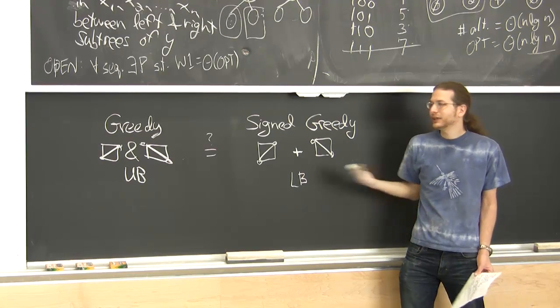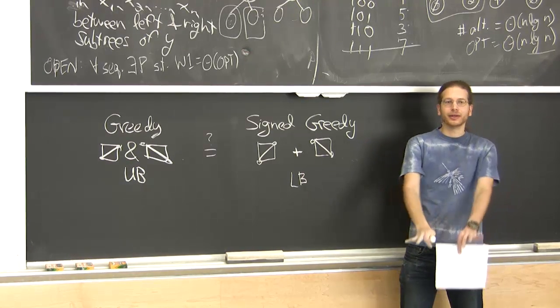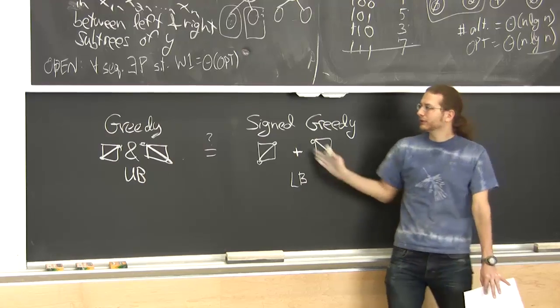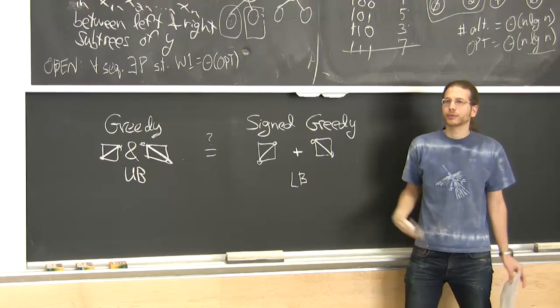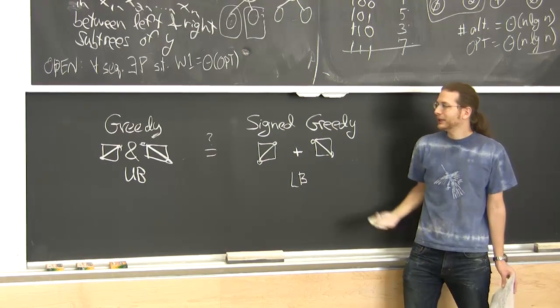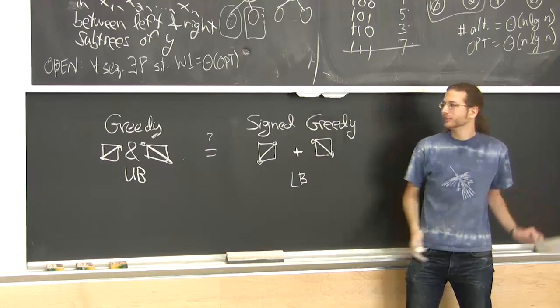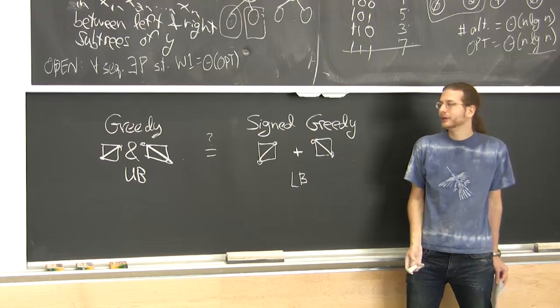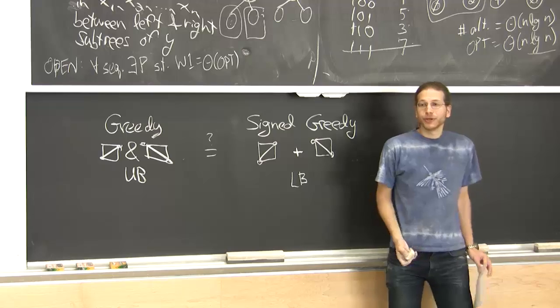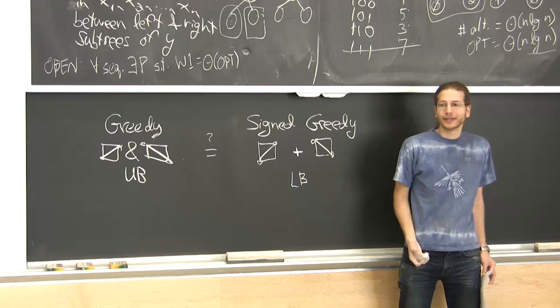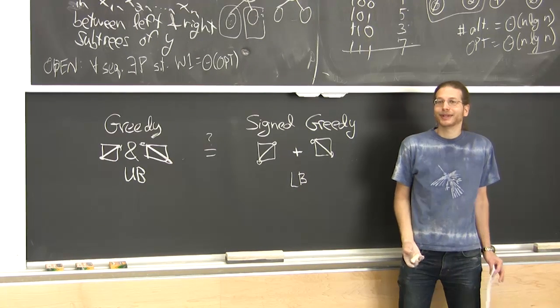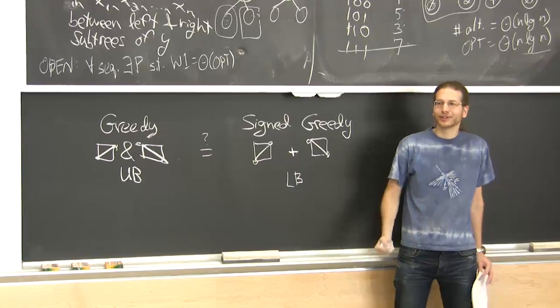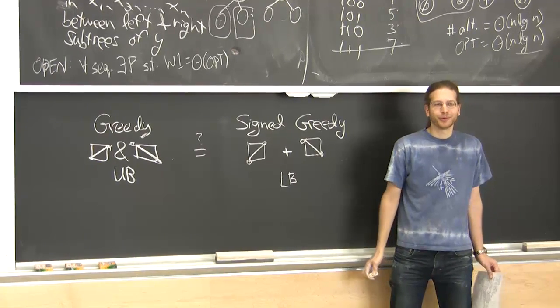Seems like the interaction kind of fades away as a geometric series, and therefore these things are the same up to constant factors. But we have no way to prove that. Could be the interaction blows you out of the water somehow. That's the best we know for dynamic optimality. Maybe next time I teach this class, we'll have a final answer and it'll be constant. But that's where we are today.